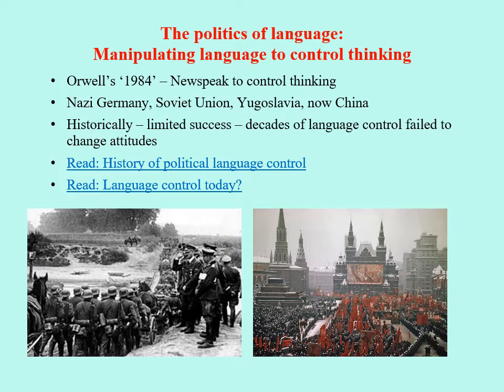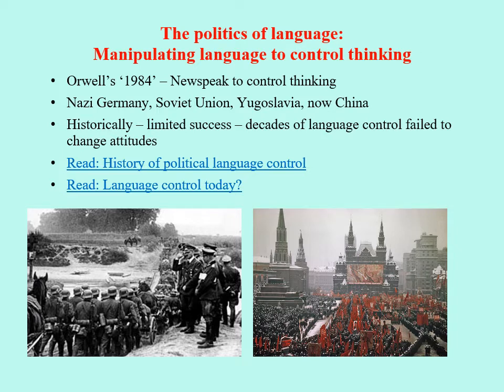Nazi Germany, the communist Soviet Union or Yugoslavia, and now, of course, in China, the Chinese Communist Party, do exactly what Orwell described. They inhibit certain forms of language and they insist on people in their public communication using language only in a particular way that the dictators approve of.